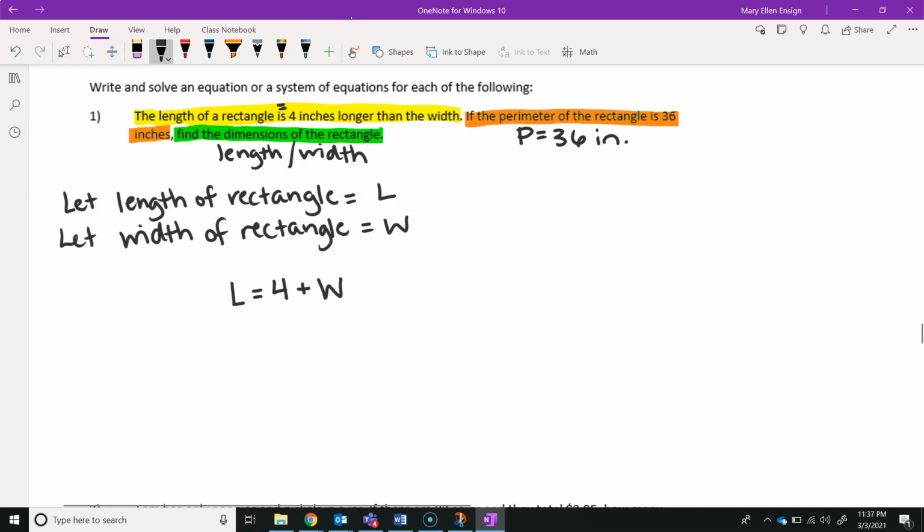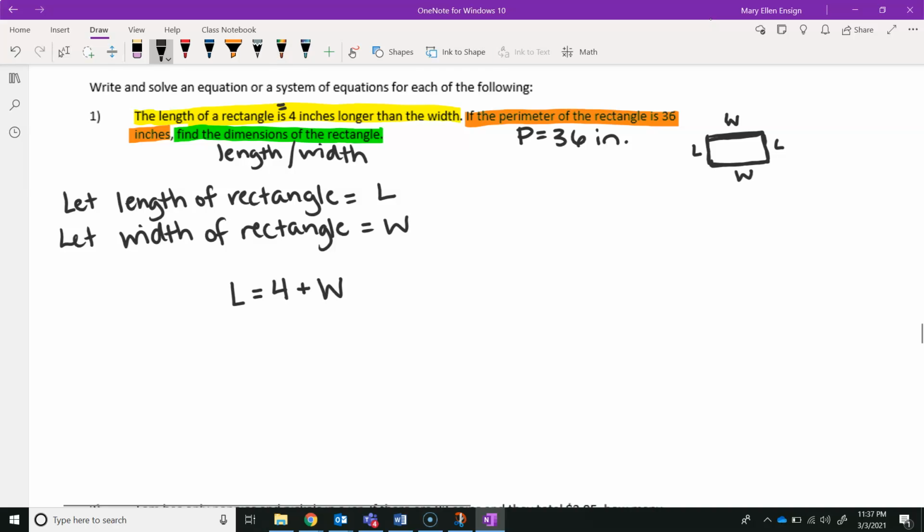So think for a minute about the perimeter of a rectangle. The perimeter of any shape is just adding up all the sides of that shape. Okay. So if this is my length or my width, I don't know, we can call it either way. Let's call that the width and this the length. Then we know that this is also the length and this is also the width.